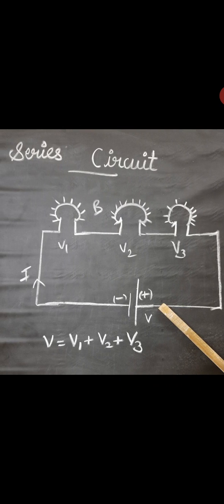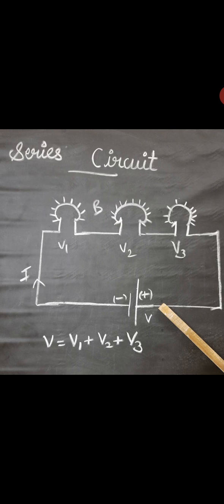Next we will see the series circuit. The series circuit has more than one resistor, that is more than one bulb, but only one path through which the electrons can travel. From one end of the battery, the electrons move along one path with no branches.